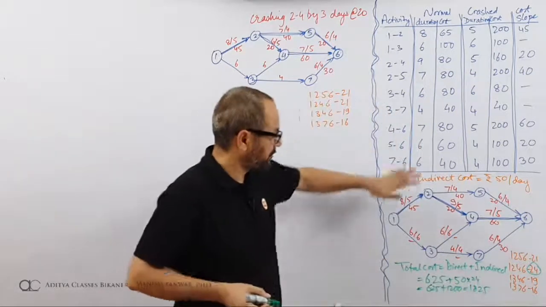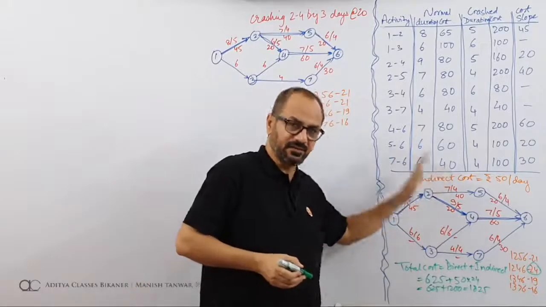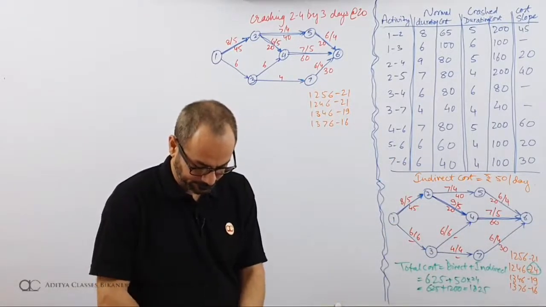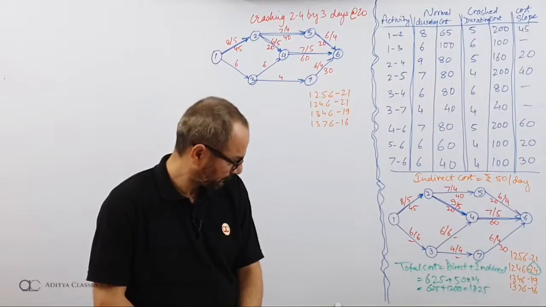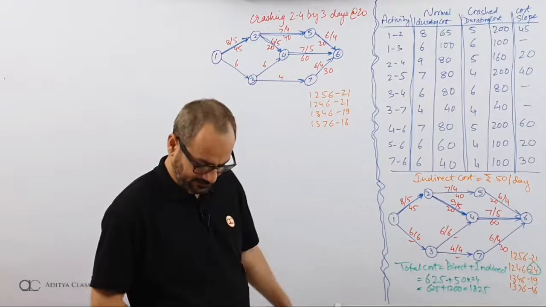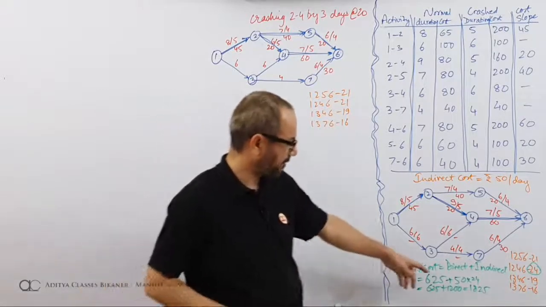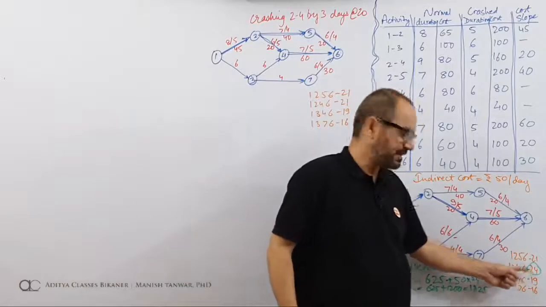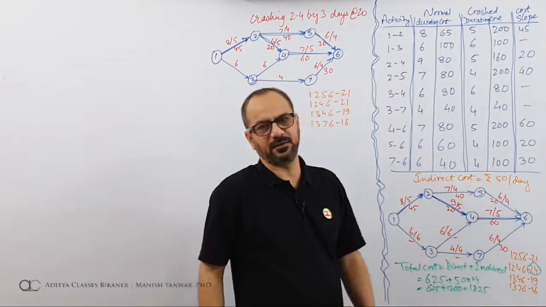So total cost when we were starting was 1825. So when I started the network, my critical was 24, my total cost was 1825.